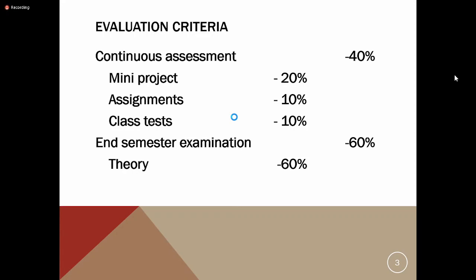It doesn't matter, however, 40% will be calculated from the CAs. And from the end semester examination, we have allocated 60%. So 60 will be taken from the end exam, and 40 will be taken from the continuous assessments. Okay.